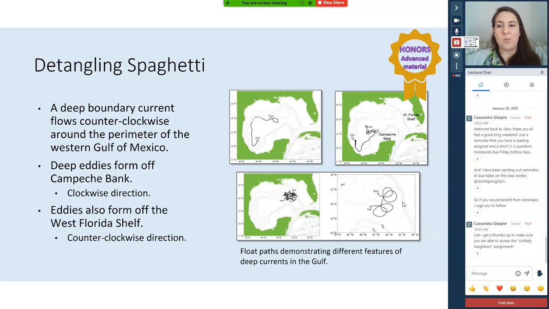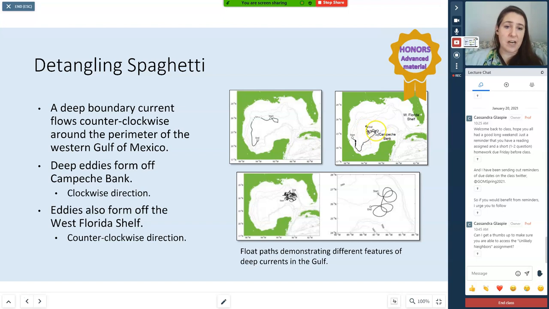So for instance, we know that there is a deep boundary current that flows counterclockwise along the perimeter of the western Gulf of Mexico. So here it's moving counterclockwise. That's pretty consistent. And we also know a couple of locations where deep eddies tend to form. So one of them is off of the Campeche Bank.